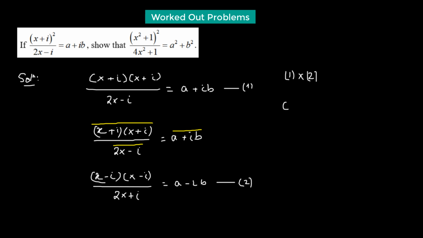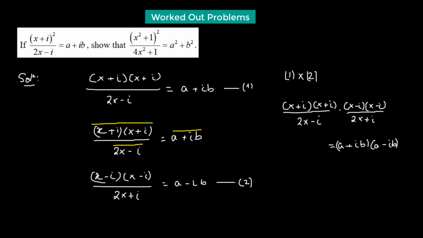So that should give us (x + i)(x + i) divided by (2x - i), multiplied by (x - i)(x - i) divided by (2x + i), and this will be equal to (a + ib)(a - ib).